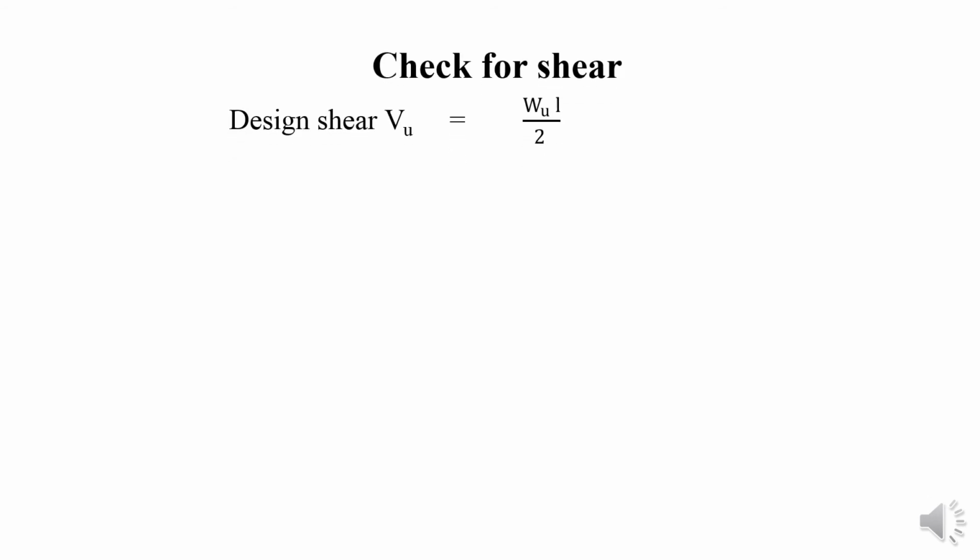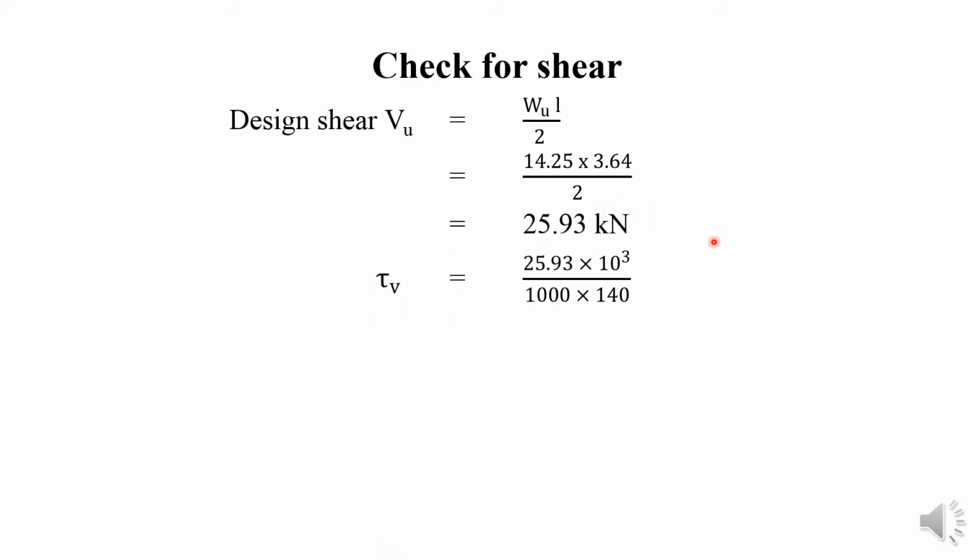Next we check the shear. So design shear we calculate by WL by 2. So W we know, 14.25 into 3.64 divided by 2, 25.93. From that we have to find out the tau v. Tau v is equal to Vu by b into d. So tau v we will get 0.18 Newton per mm square.